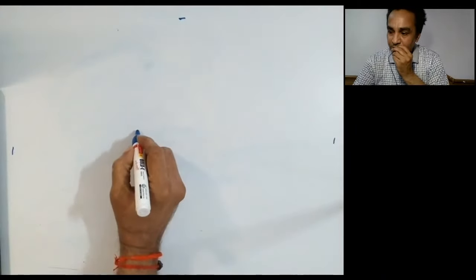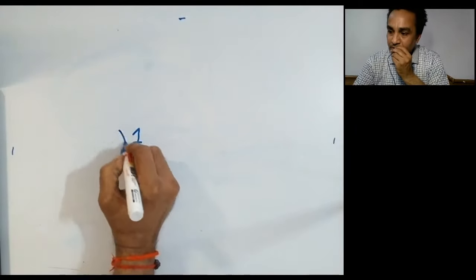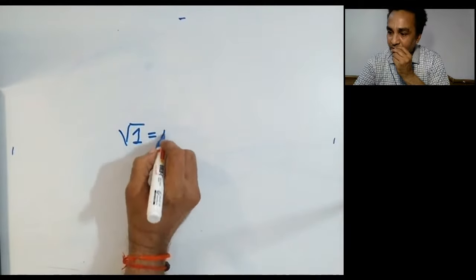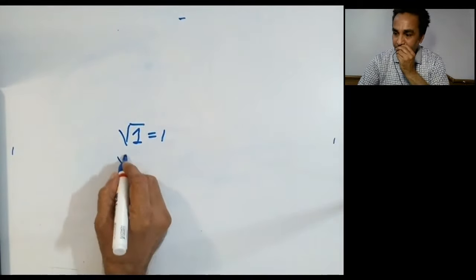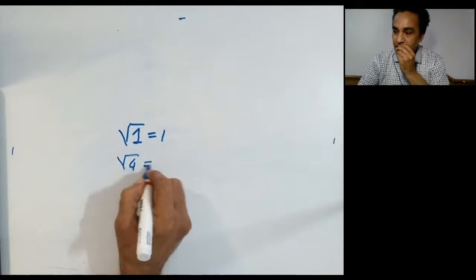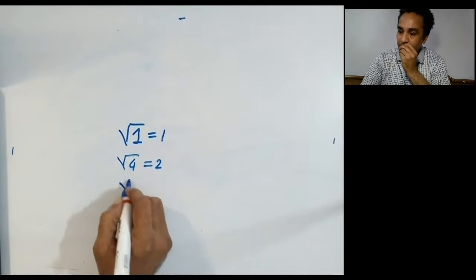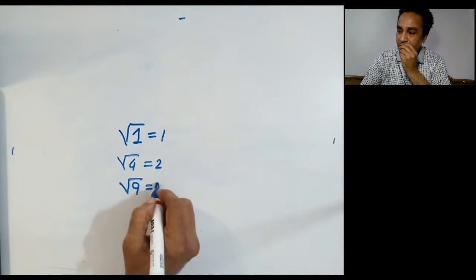Let us take m as a natural number. Suppose 1, under root 1 is equal to 1. Root 4 is equal to 2. Root 9 is equal to 3.